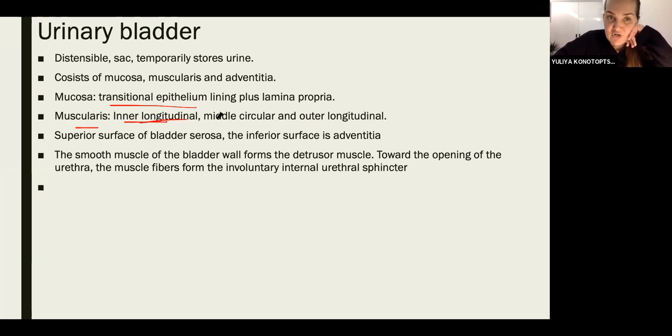Together, the entire muscularis externa has a name: the detrusor muscle.